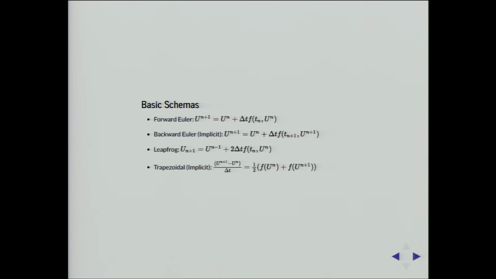Okay, this is the second part. It's about a specific numerical method that we want to use. These are the most basic schemes: forward Euler, backward Euler, leapfrog, which is very, very unstable, and trapezoidal, which is very stable, but inaccurate. So we need to start seeing the trade-offs we need to make between accuracy and stability.